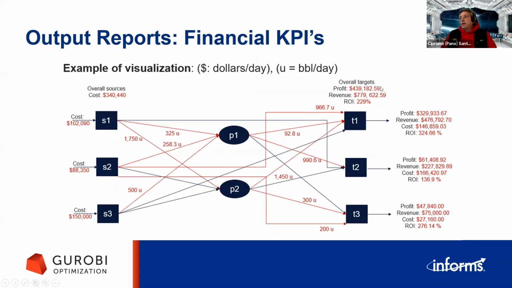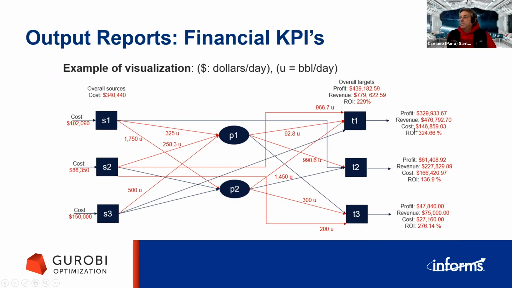And similarly, you can compute the overall profit from all the target nodes, which is this number here, the overall revenue and the ROI. ROI is defined as revenue divided by cost. But you can also define profit, revenue, cost, and ROI at each of the targets. This is a little bit more complicated to compute, but you can do it.